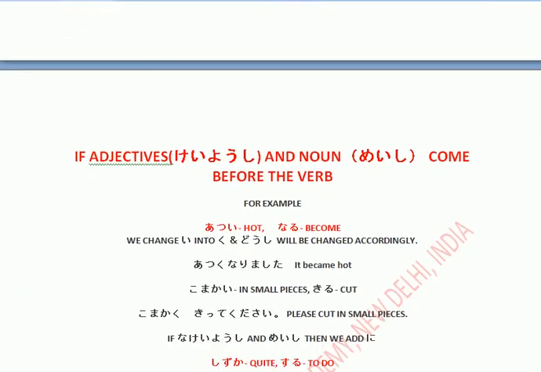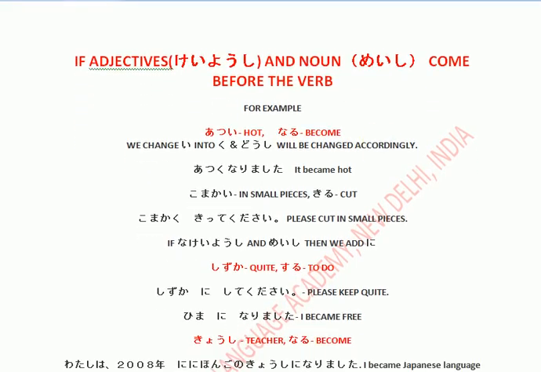Now, talking about verbs and adjectives and nouns: what happens if there is a verb, and before that verb an i adjective, na adjective or noun comes? Here there are rules. Naru means become, so it is a verb, and before naru there is an i adjective.